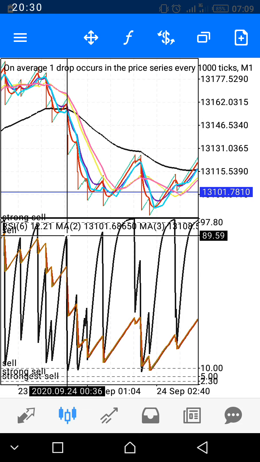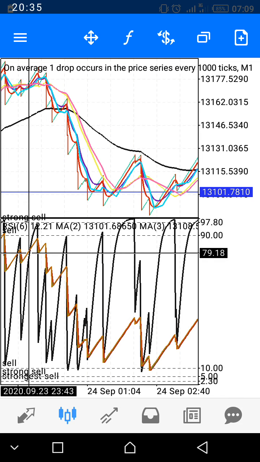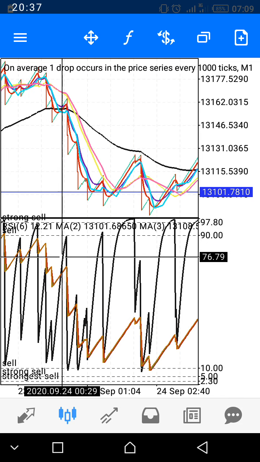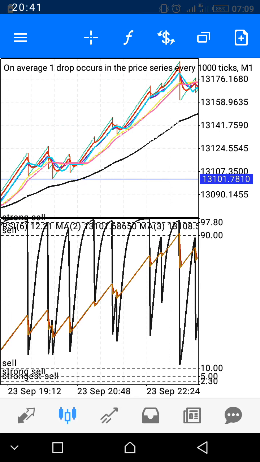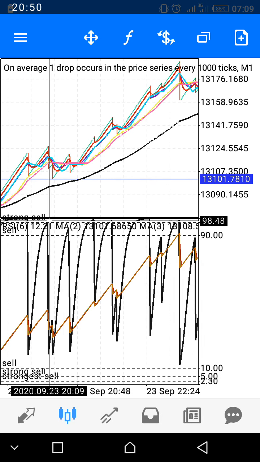It will come down. Let's backtest. This is what they call backtesting. You're checking the levels. For example, when it gets to 97.80 here, you see this point, it spiked.